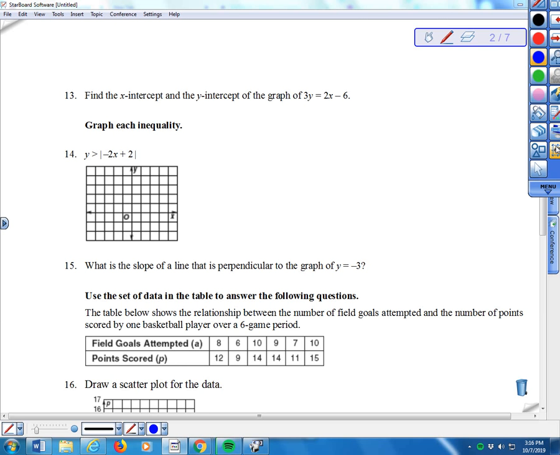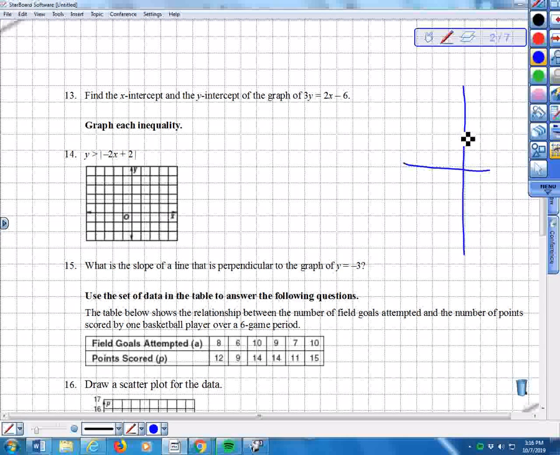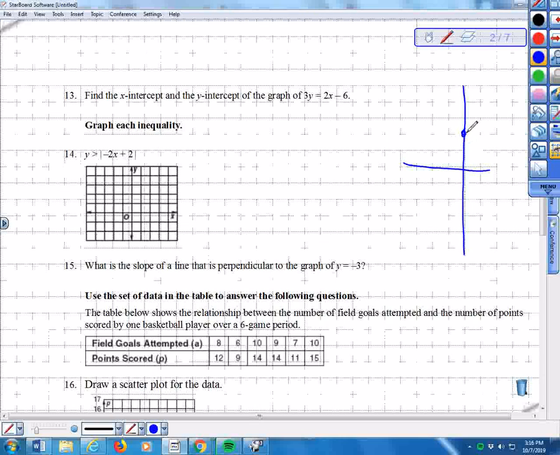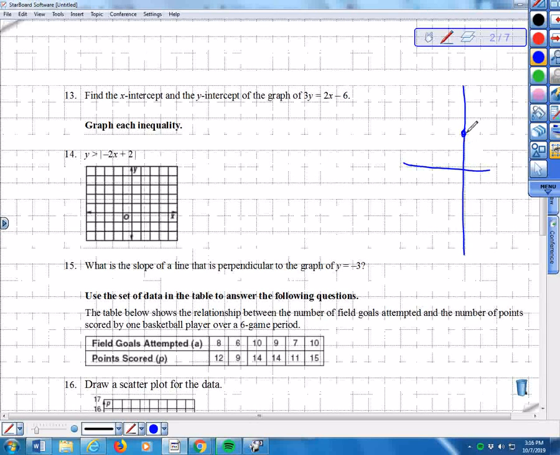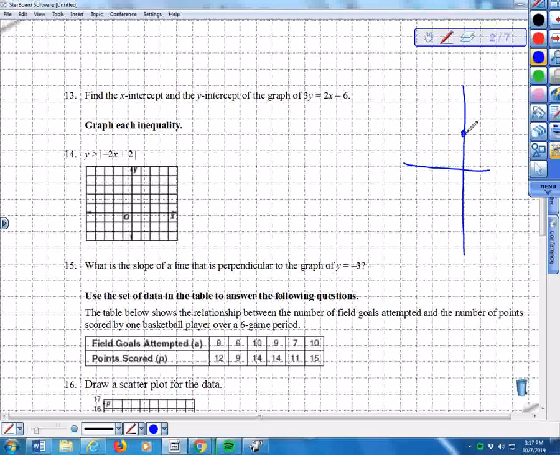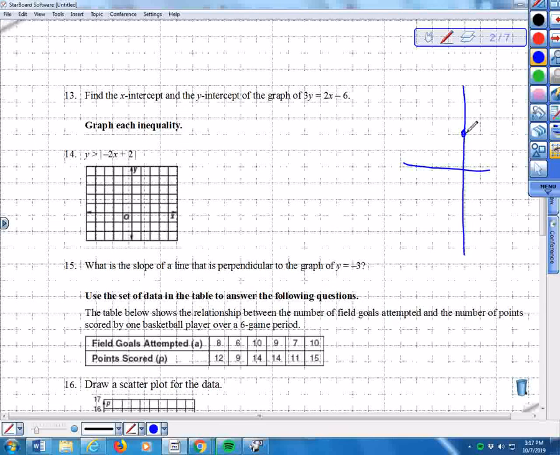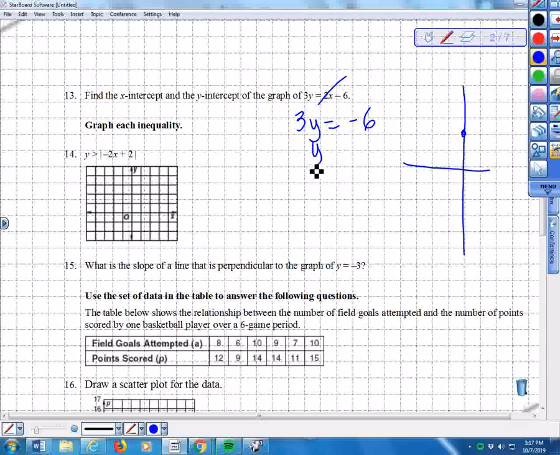A y-intercept means where it crosses the y-axis. If that's my y-intercept, what's the x value right here? 0. So that means to find the y-intercept, I plug 0 in for x. Right? This goes away. Y equals -2.